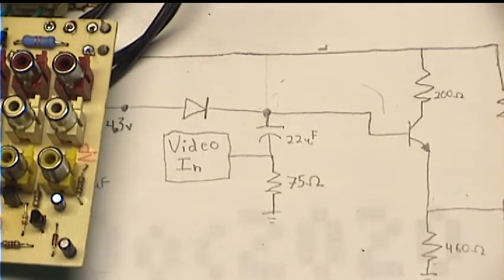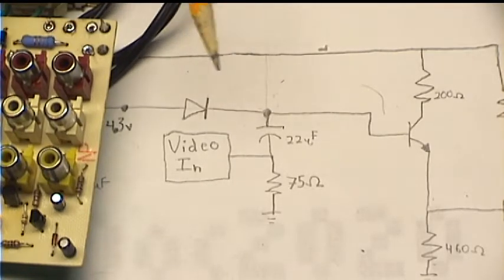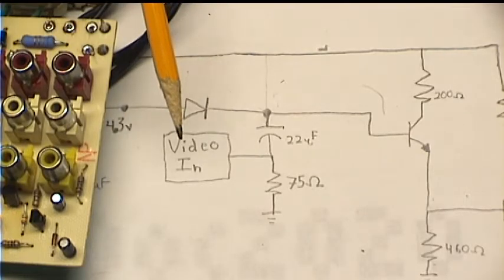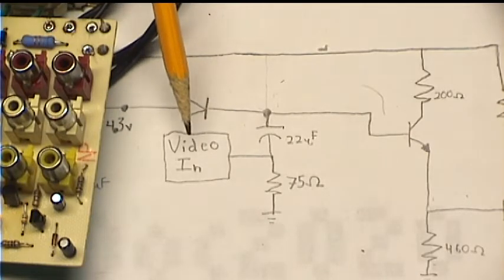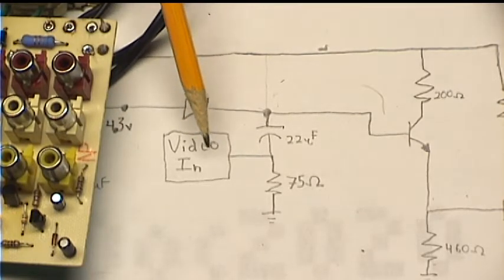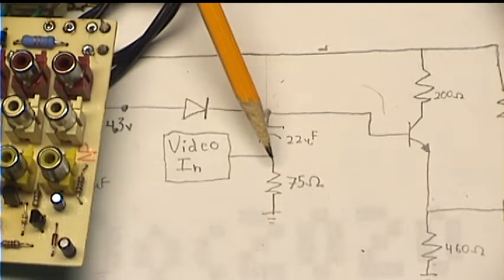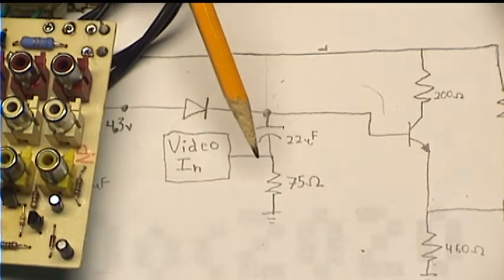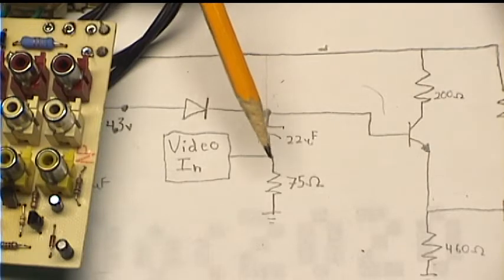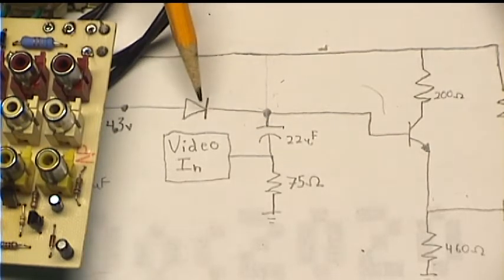And now we have basically a clamping circuit. When there's one of those negative going sync pulses on the video input, it reaches a low point. Then we have a simple clamping circuit here.